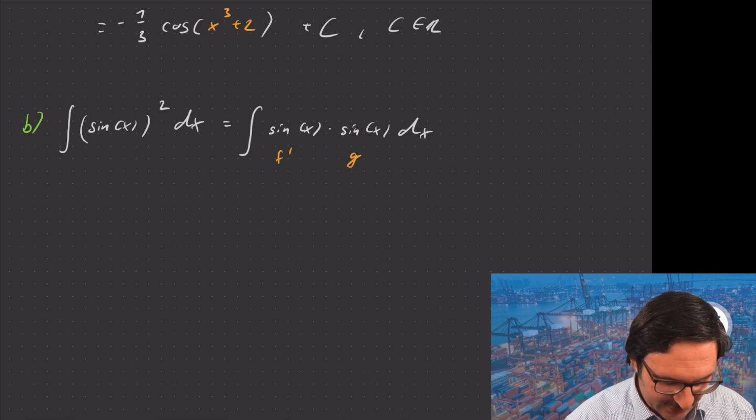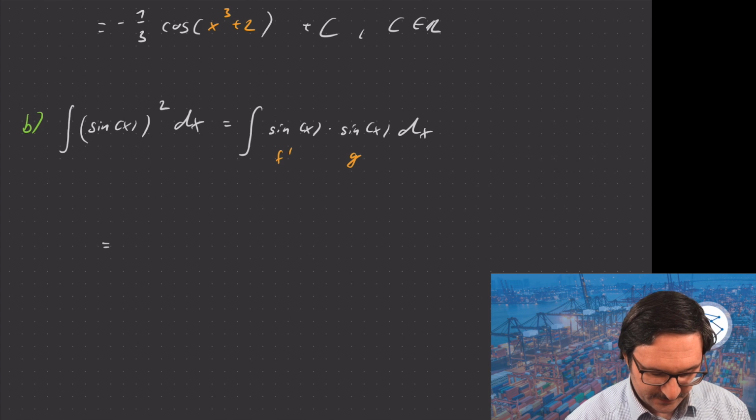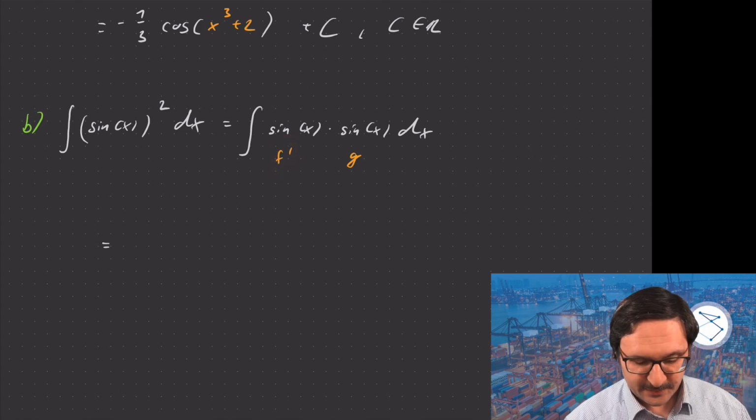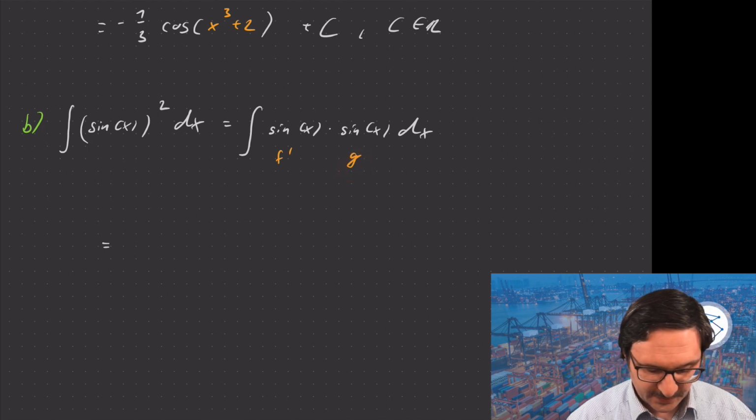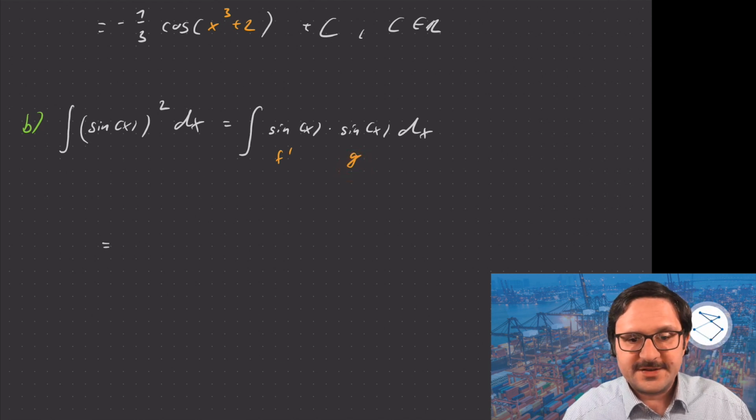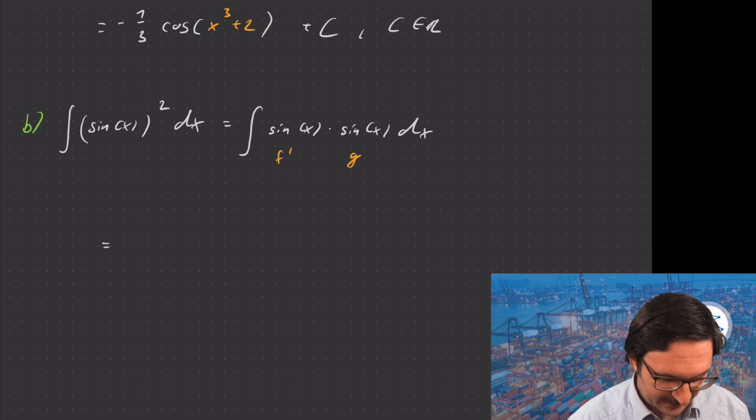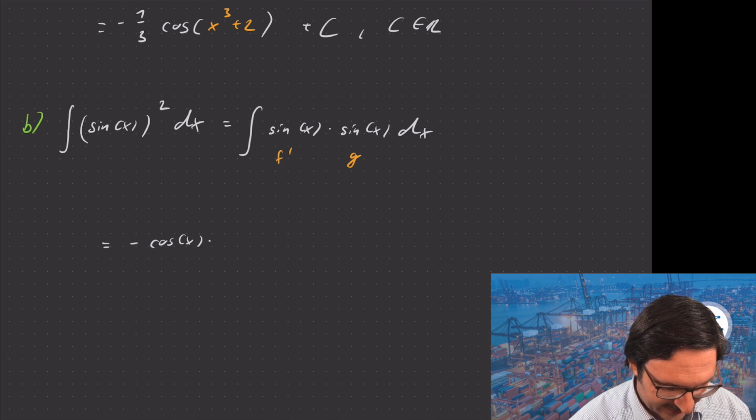Now, let's do integration by parts. What we do here is we first integrate f prime and then multiply this integrated f by g, right? So the integral of sine x is the negative cosine. That means we have negative cosine of x, and the sine just stays here.